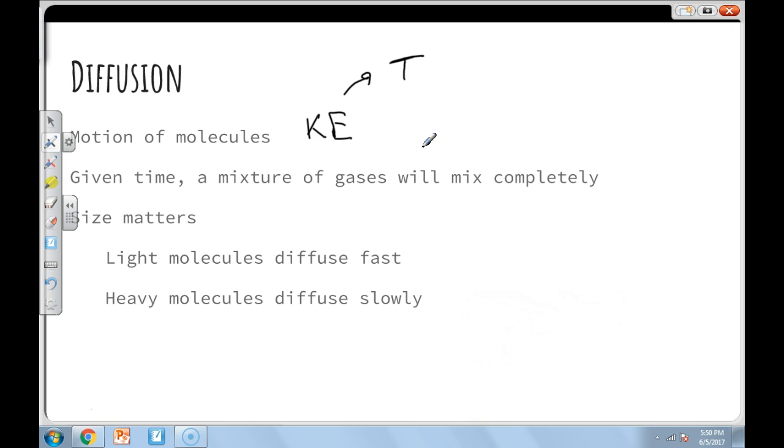I know that sounds weird, but we're smelling the particles of gas being given off by the cookies. Given any amount of time, the mixture will mix completely, so that there's not one side that's completely cookie-like and another side that doesn't smell like cookies.